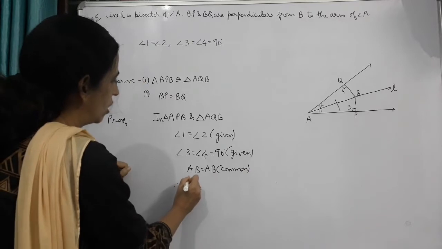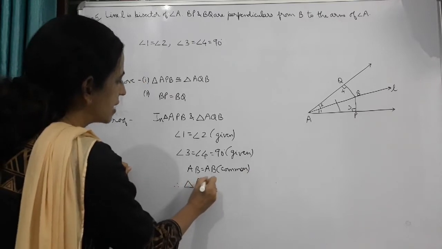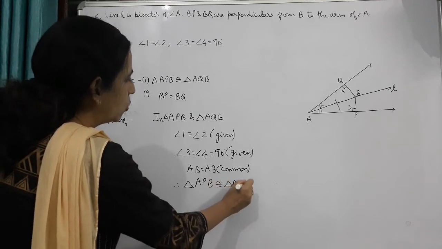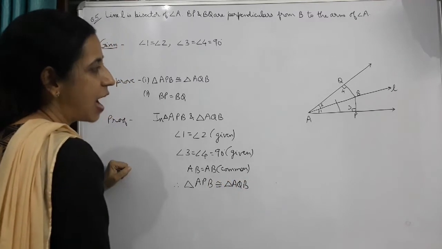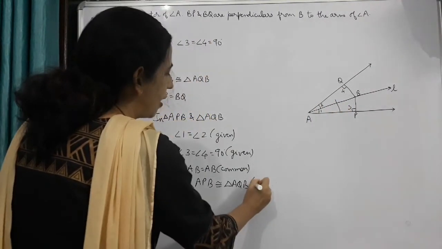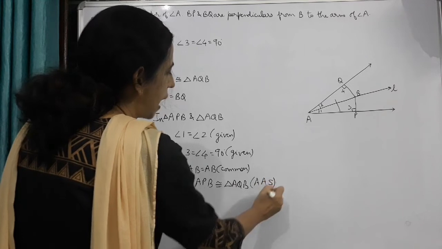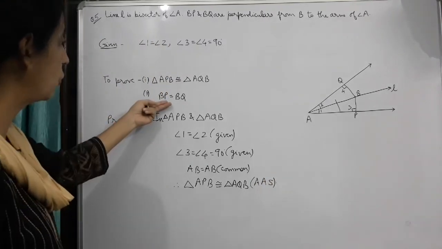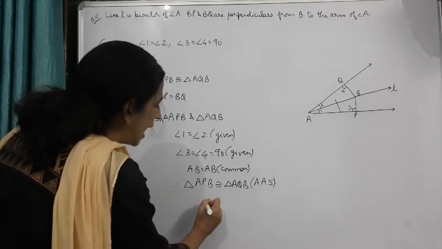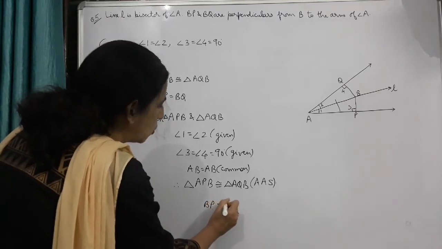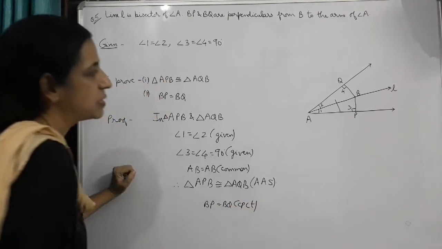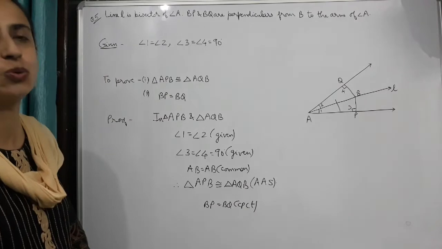So therefore these two triangles APB and AQB are congruent by AAS criteria of congruence. And if the triangles are congruent, then definitely by CPCT we can write that BP is equal to BQ. This is what we obtain by CPCT, and this is what we had to prove.